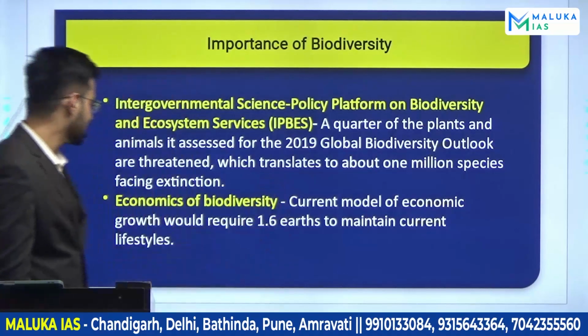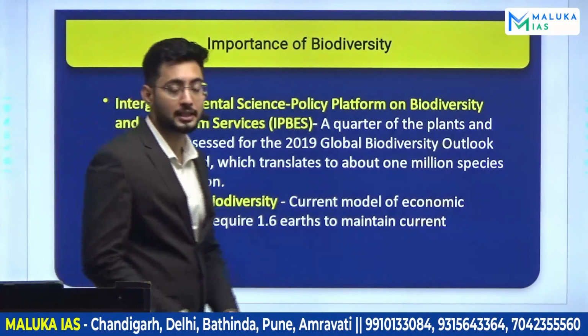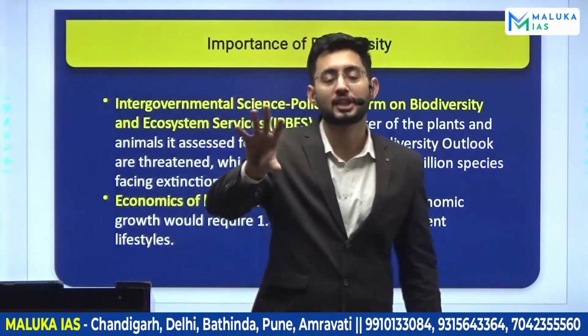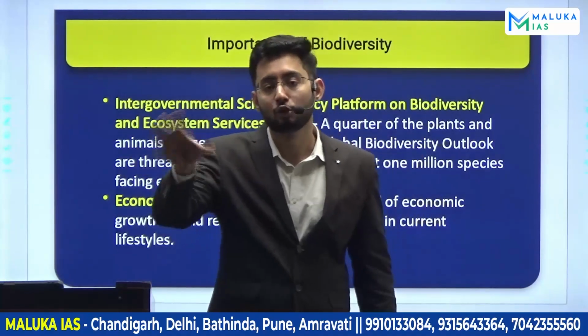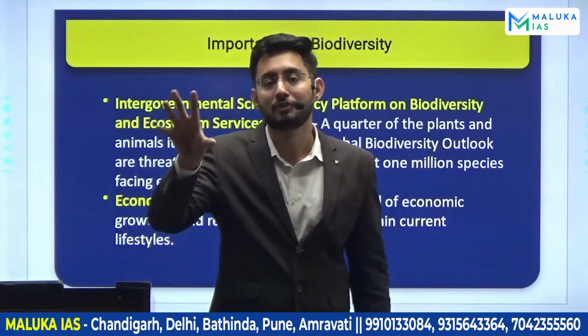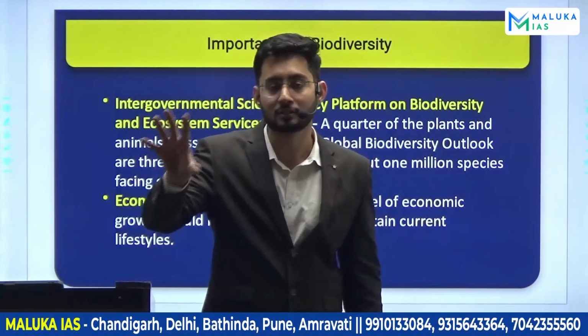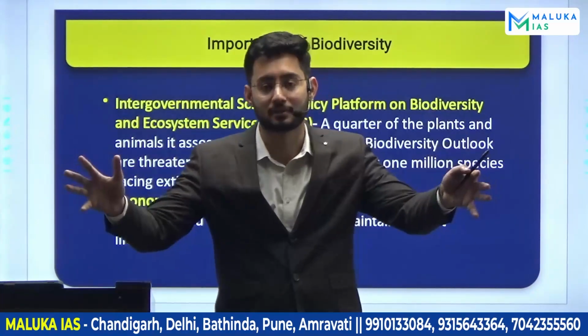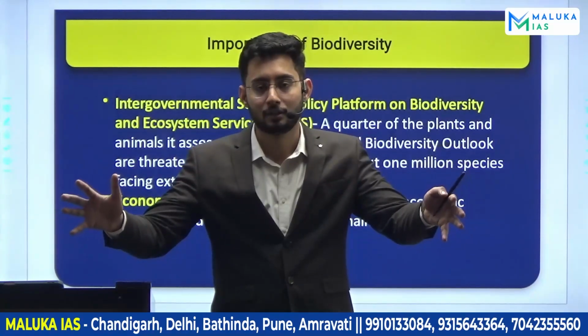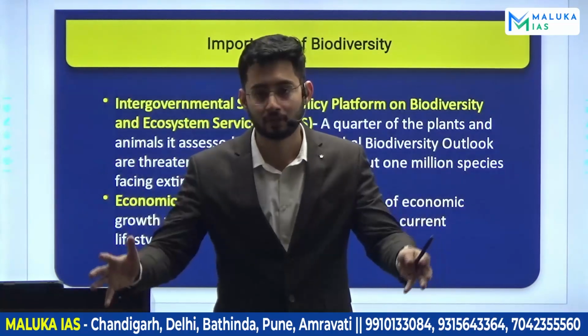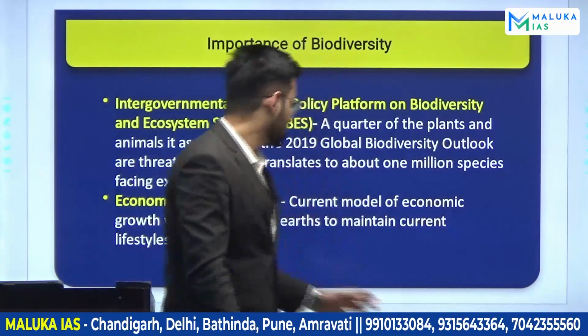Then the second one is the economics of biodiversity, कि हमें एक अर्थ में जितने resources available हैं, those resources will not be sufficient for us, so we need 1.6 times earth to live a sustainable life, right? तो इसका statement का मतलब क्या है?